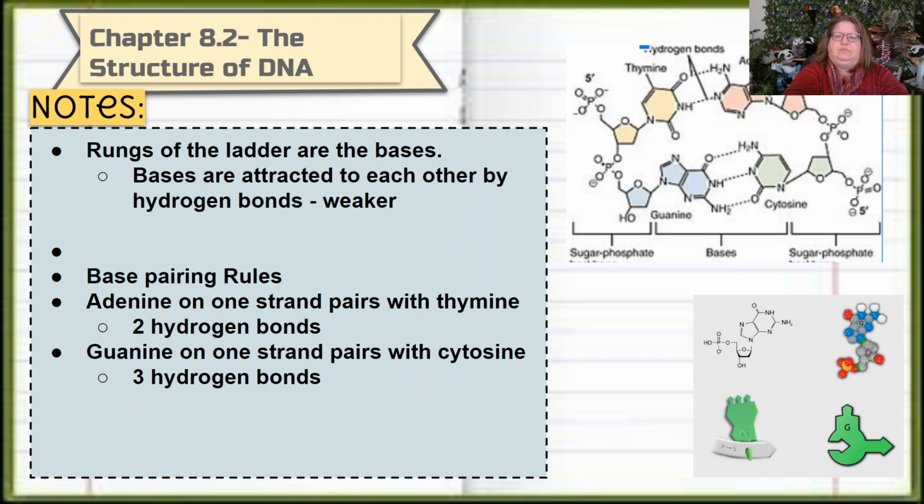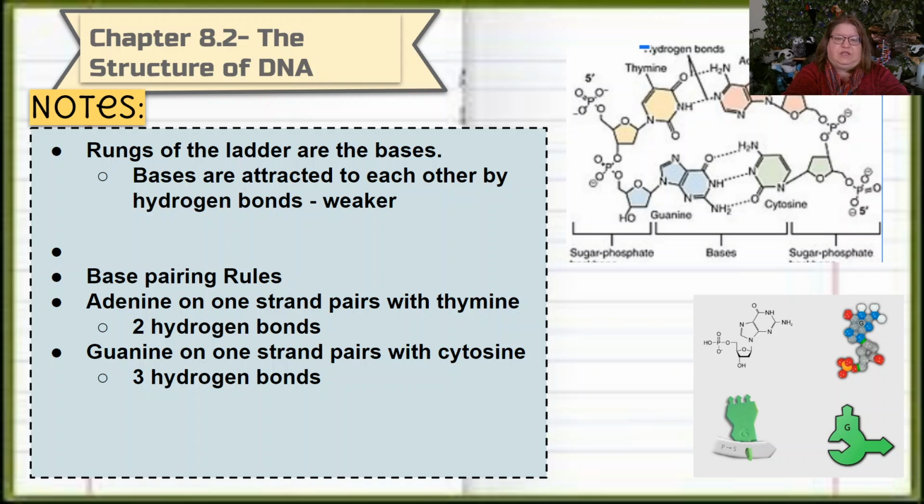And I have another picture of this on the next slide. So here would be our thymine, and notice our thymine is attracted to the hydrogen and nitrogen of the adenine. And so these dots in between them represent hydrogen bonds. Now, those are just attractions to each other.